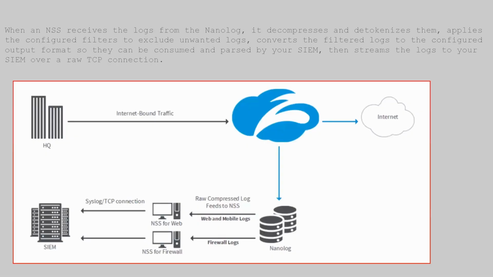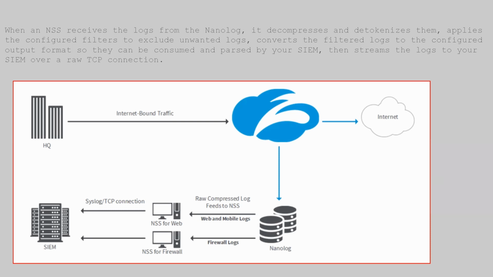Okay. Now, what exactly does NSS do when it receives these logs? As I mentioned, the logs are in a very highly compressed format. So NSS decompresses these logs, de-tokenizes them and applies the configuration filter. So you may have a feed configured where you do not want certain logs to be sent to your SIEM solution. So that's what these filters do in the NSS.